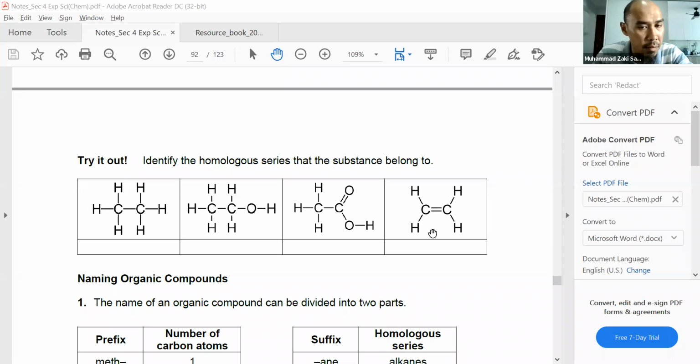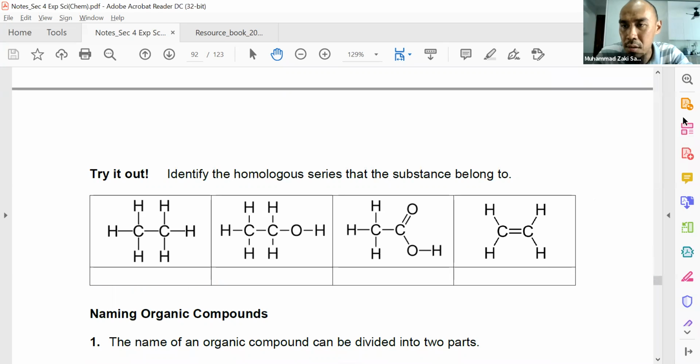Now you have a few organic compounds here. I give you one minute. Write down which homologous series they belong to. Write it down in your books.